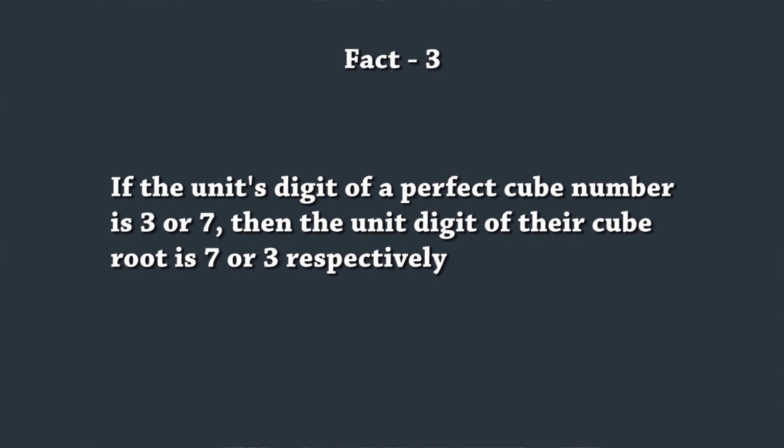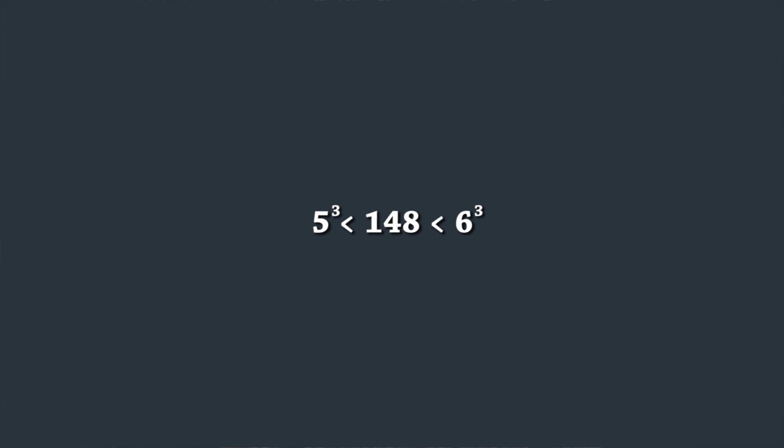Step 2. The units place in 877 is 7, and therefore the units place in the answer must be 3. Please observe the fact 3 in the above chart. Step 3. Look at 5 cube is less than 148, which is less than 6 cube. Step 4.